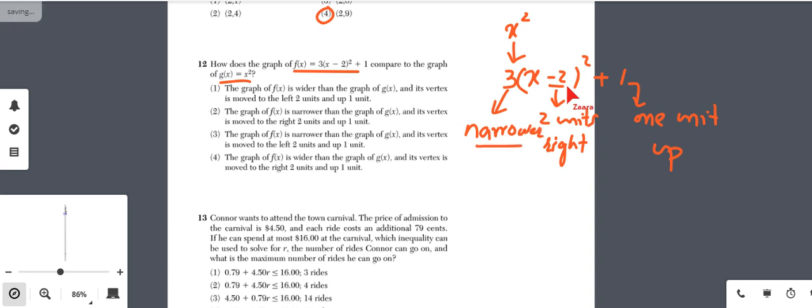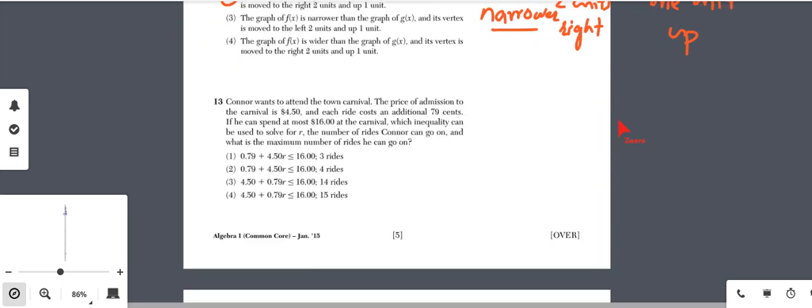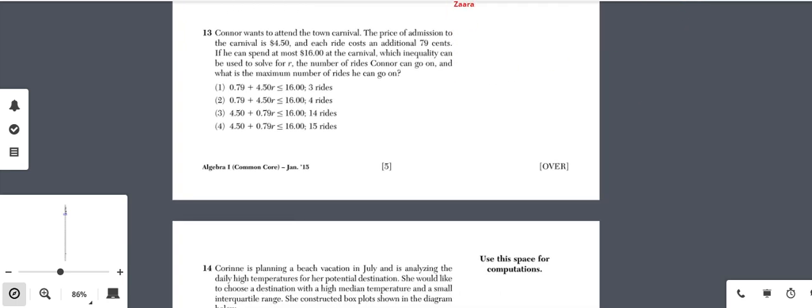So which one has this characteristic? The graph of f(x) is narrower than g(x), and its vertex is moved 2 units right and 1 unit up. So this is the correct answer. Clear? Got it?